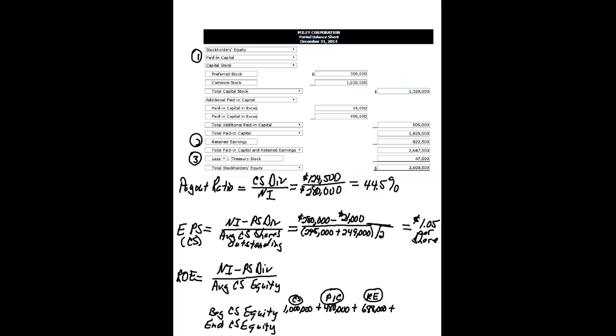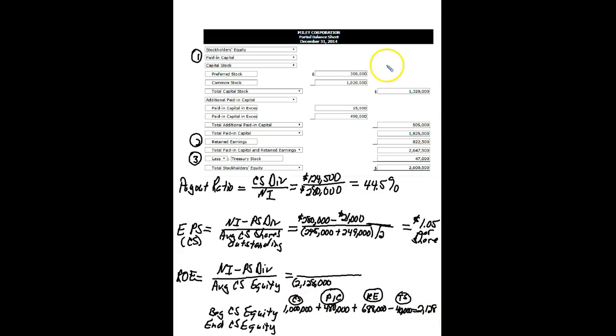Then it needs to be minus treasury stock, because it's a negative stockholders' equity account, $40,000. So my beginning stockholders' equity is $2,128,000, and I don't have room for the three zeros, so I'll write it down here. That's the beginning common stock equity.